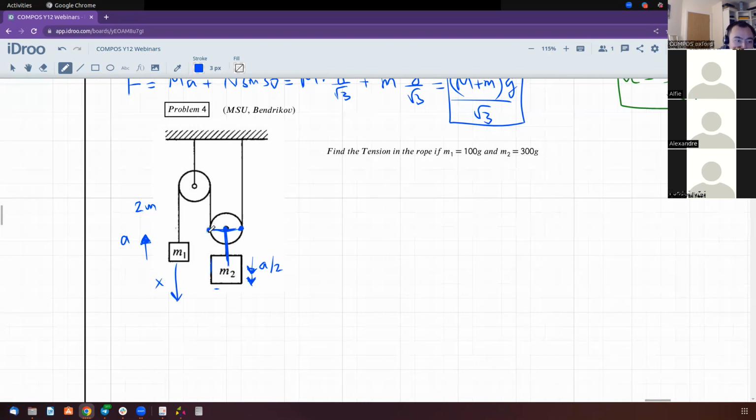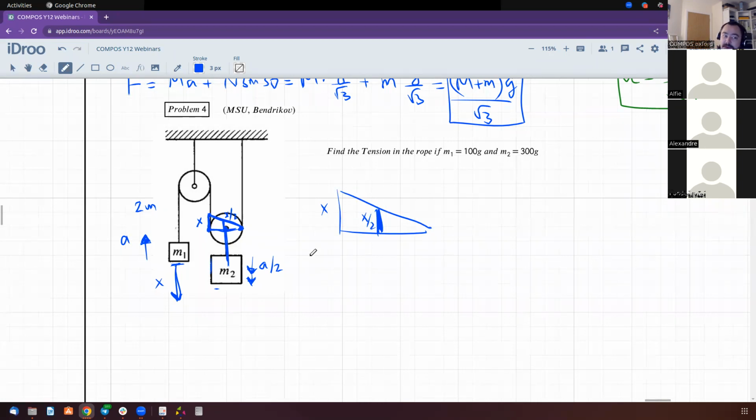That means this point moves up by x. If this point moves up by x, this point moves up by only x over 2. If you draw the triangle, this is x, and this is the midpoint, so this is x over 2. Does that make sense?